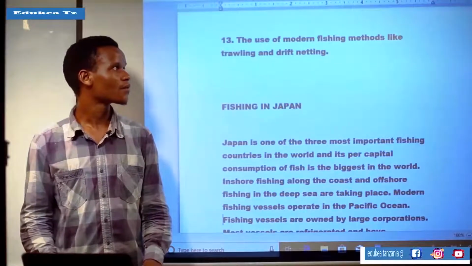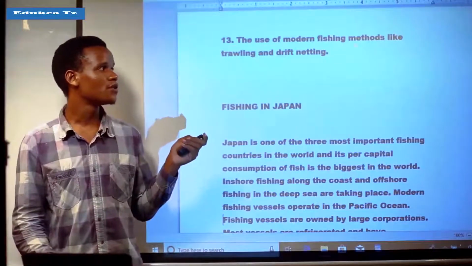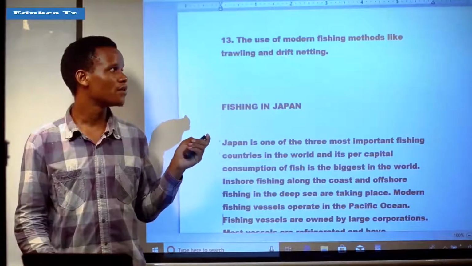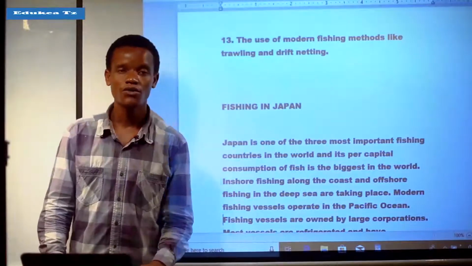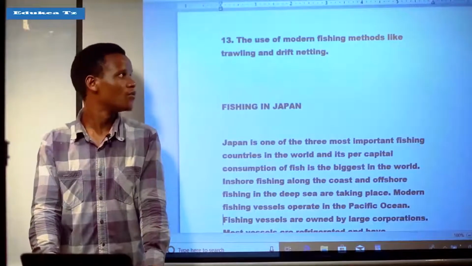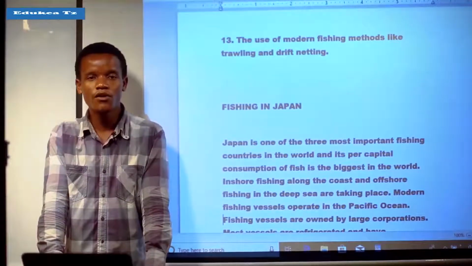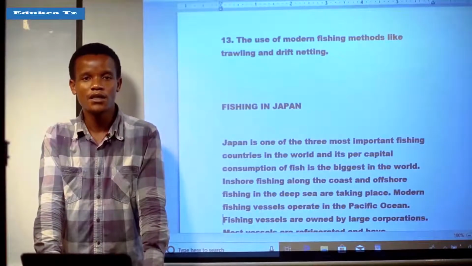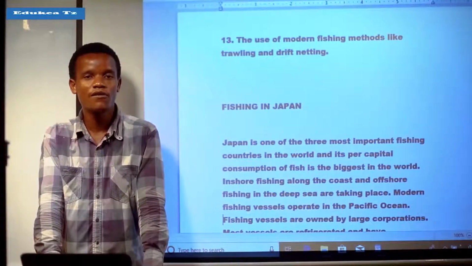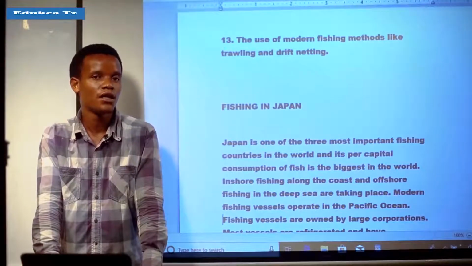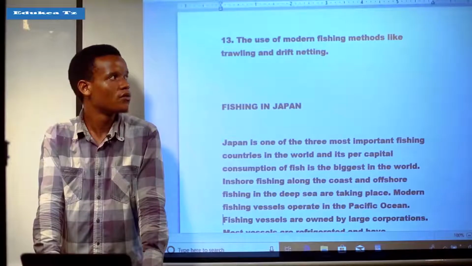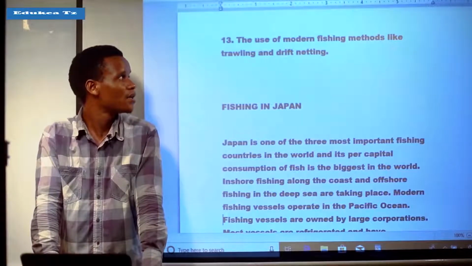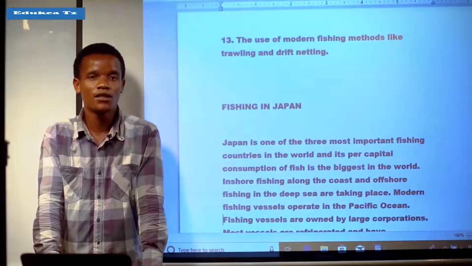Also, the use of modern fishing methods like trolling and drift netting. The government of Norway developed science and technology, and through the availability of those technologies, they use advanced methods like trolling and drift netting.